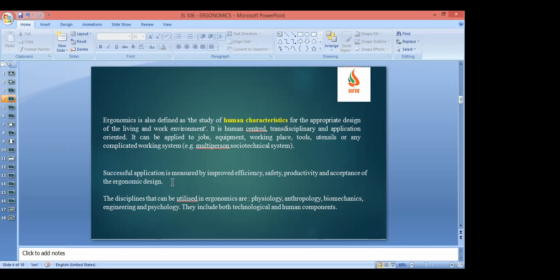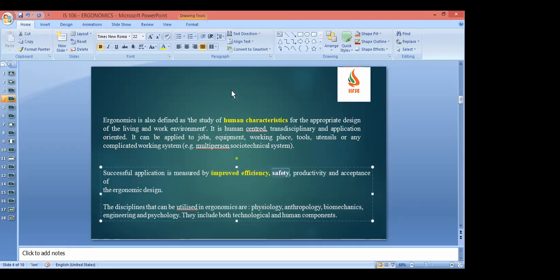So how can we do it? If it is a successful application, how can you measure? You are saying, yes, I have implemented ergonomics. So how are you going to measure improved efficiency? Whenever you can improve the efficiency of man and machine, and also increase safety, which means reduction in accidents, and productivity.